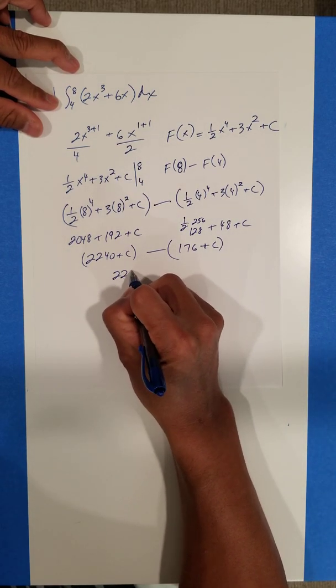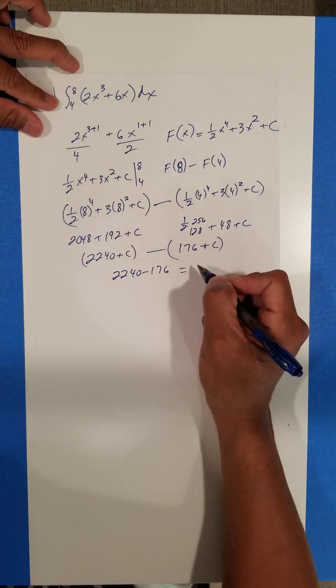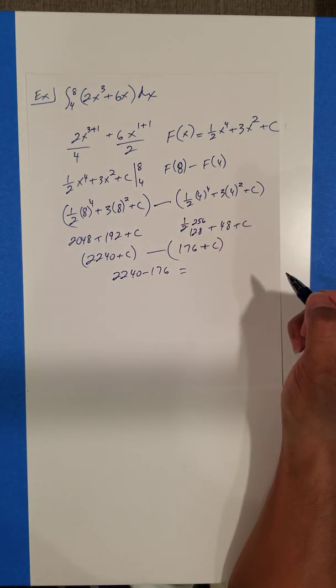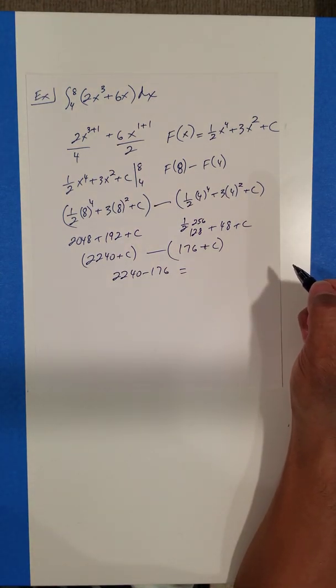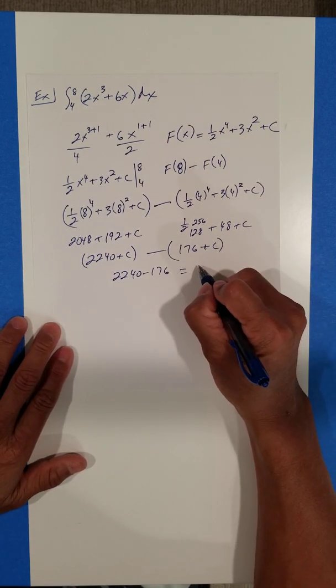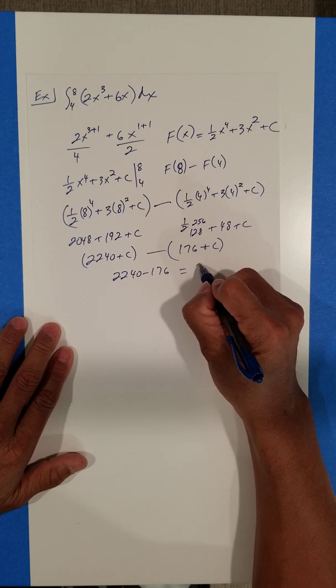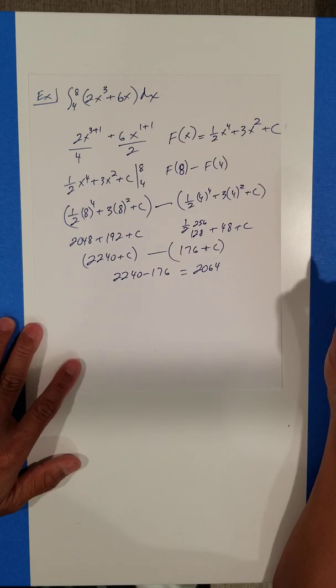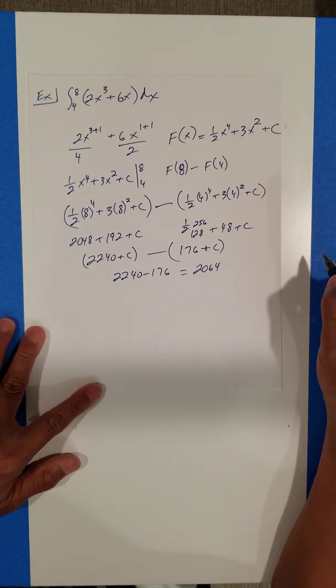So really we have 2,240 minus 176, and we're looking at 2,064. Alrighty, that's it for that.